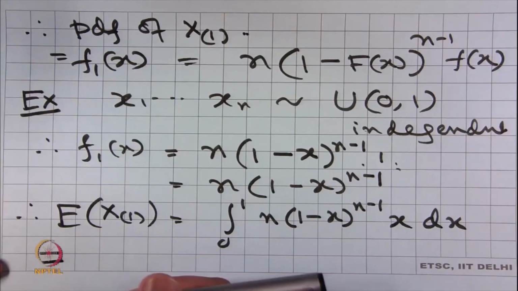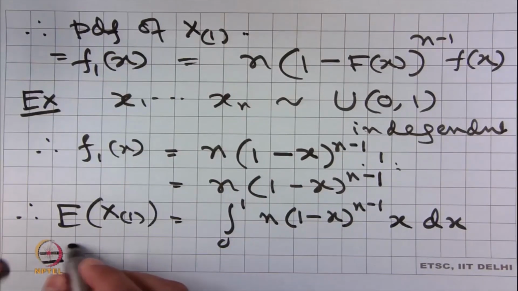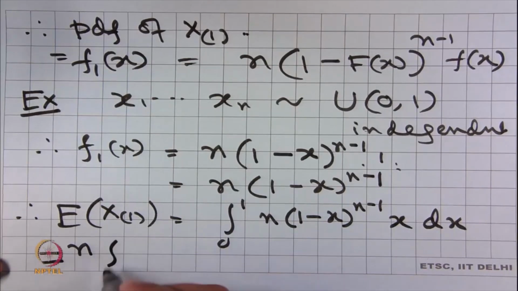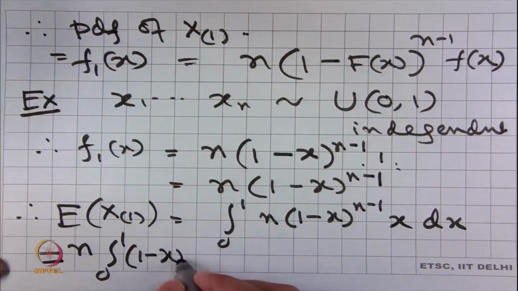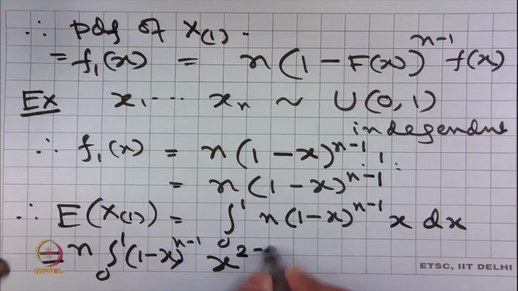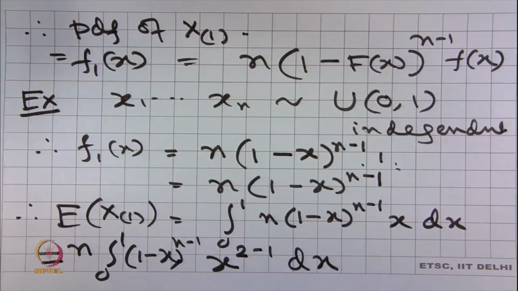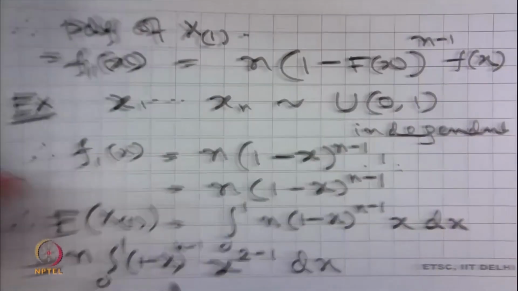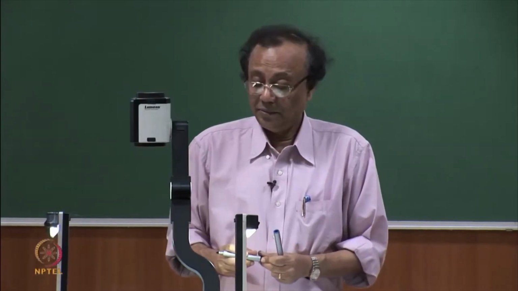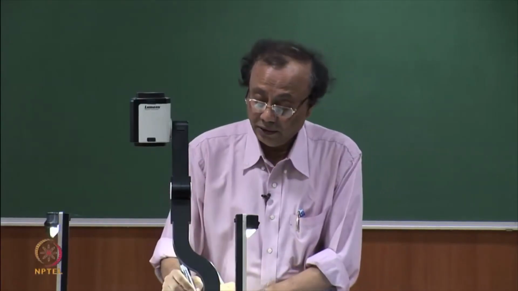How do you integrate that? This is n into integration 0 to 1, 1 minus x whole to the power n minus 1, x to the power 2 minus 1 dx, and this comes under our familiar beta integral, right.